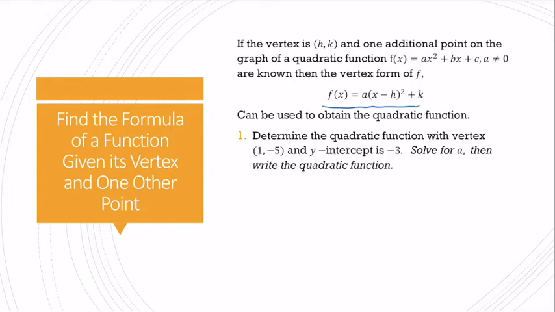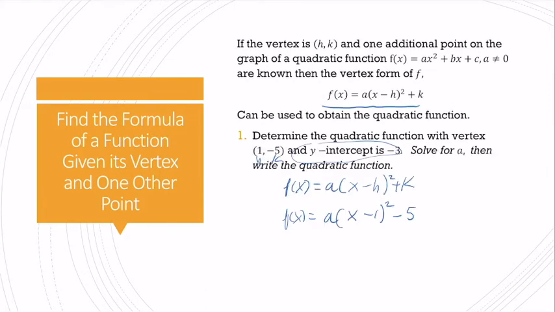So I have f of x equals a times x minus h squared plus k. So I know my h, k, so I have f of x equals a times x minus 1 squared minus 5. I plugged in my h and my k, but I also know this other point. I know my y-intercept.